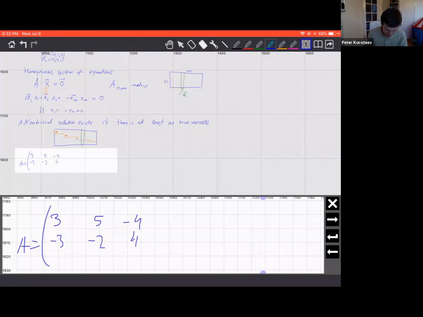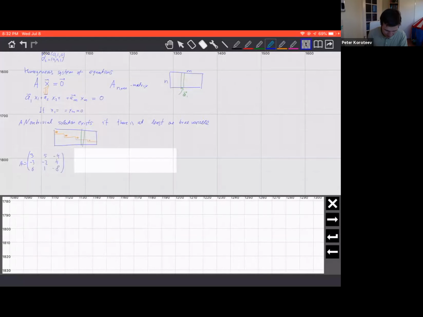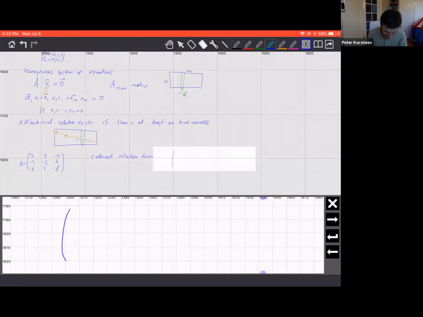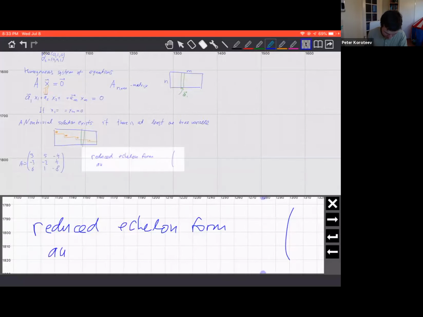You can look it up in the recording. This is A, and then if you take the augmented matrix, in the reduced echelon form, the augmented matrix looks like this.